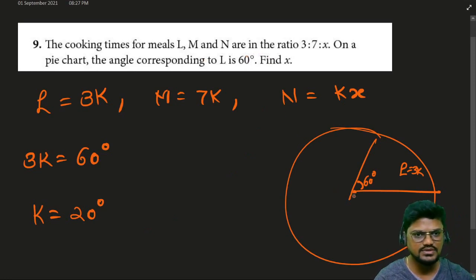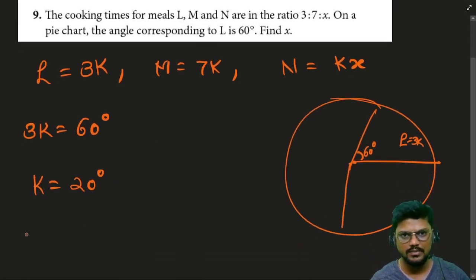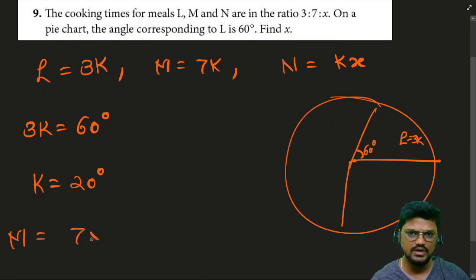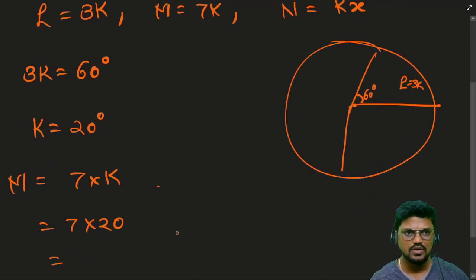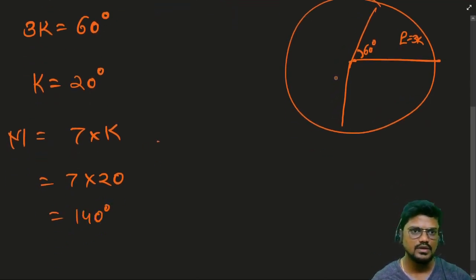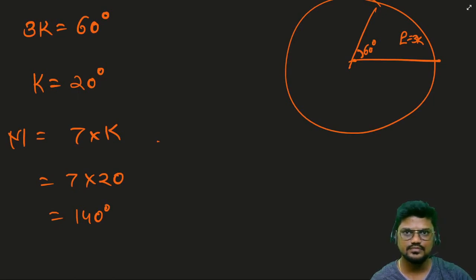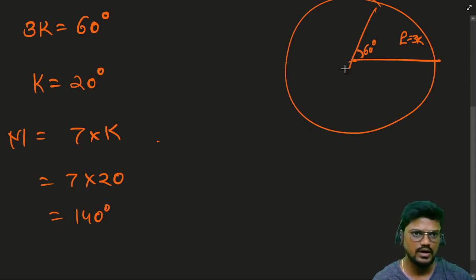I don't know the angle of M yet, but we can calculate it. If L is 60 degrees, then for M it will be 7 into K, that is 7 into 20, which means 140 degrees for M.